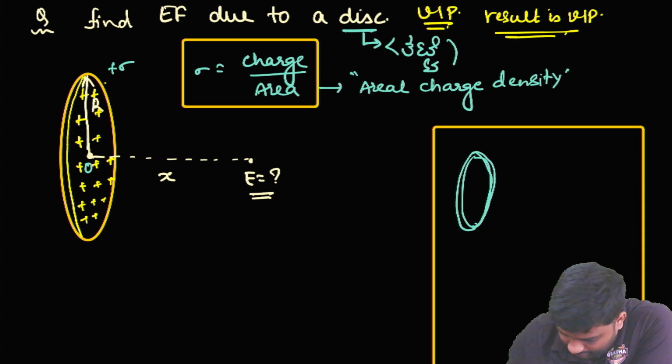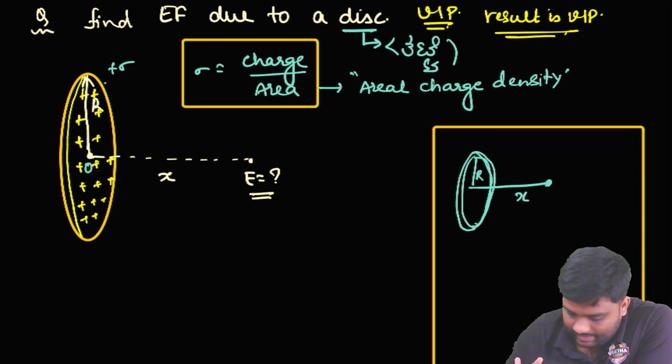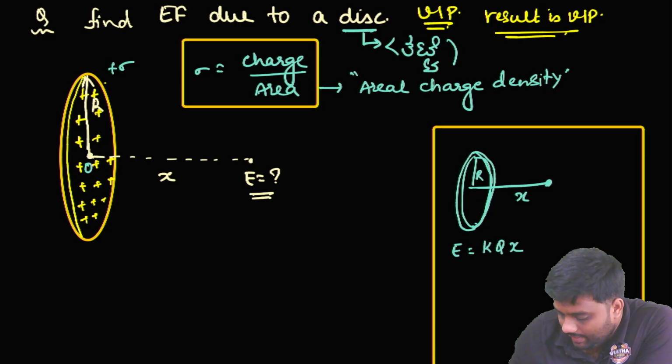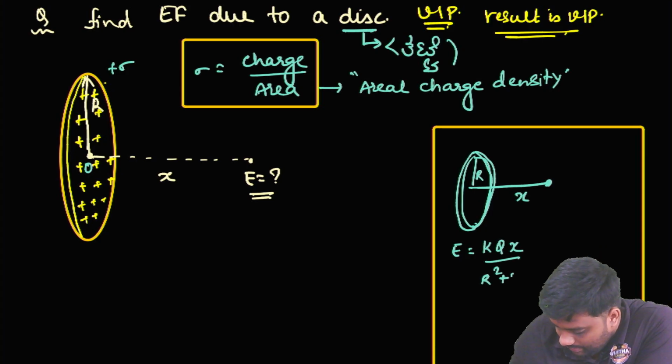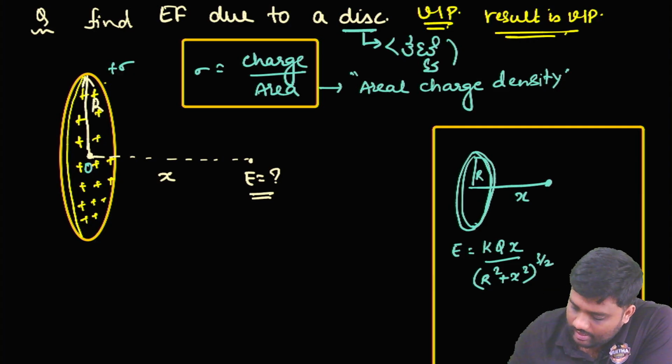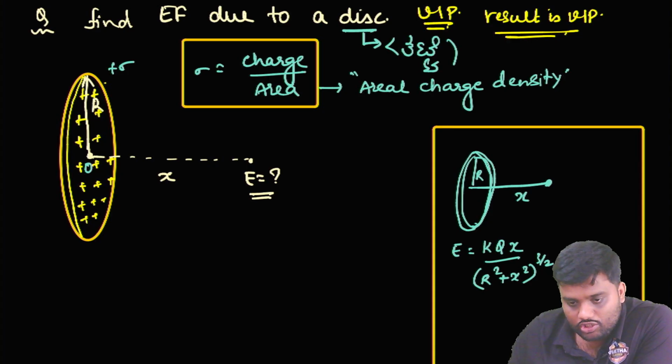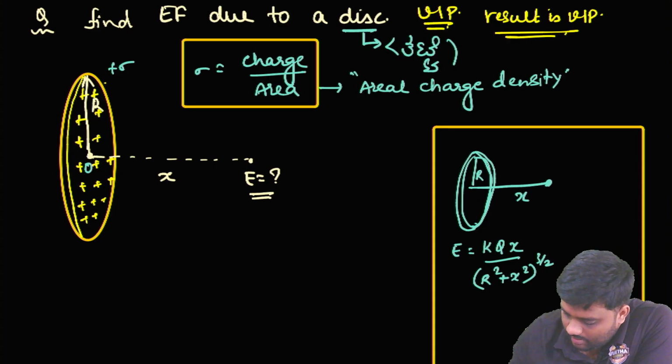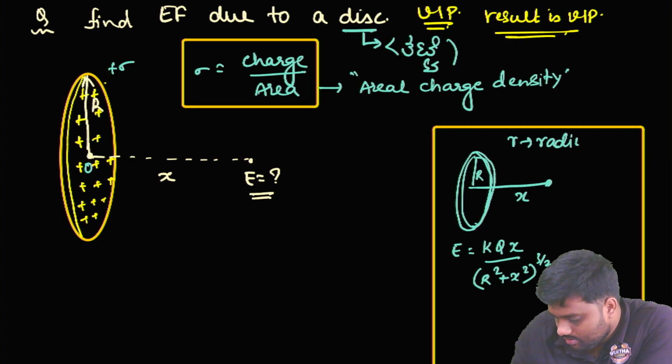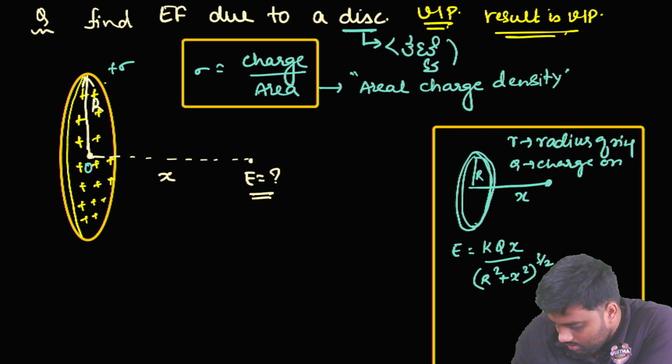The ring of radius r at some distance x, if you want to find out the electric field, how did you write the electric field? kqx upon r square plus x square whole power 3/2. Here r is the radius of the ring, q is the charge on this ring.